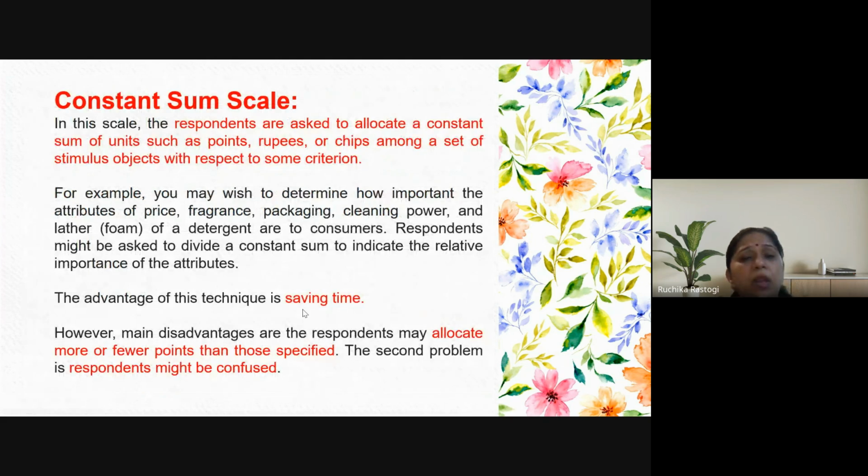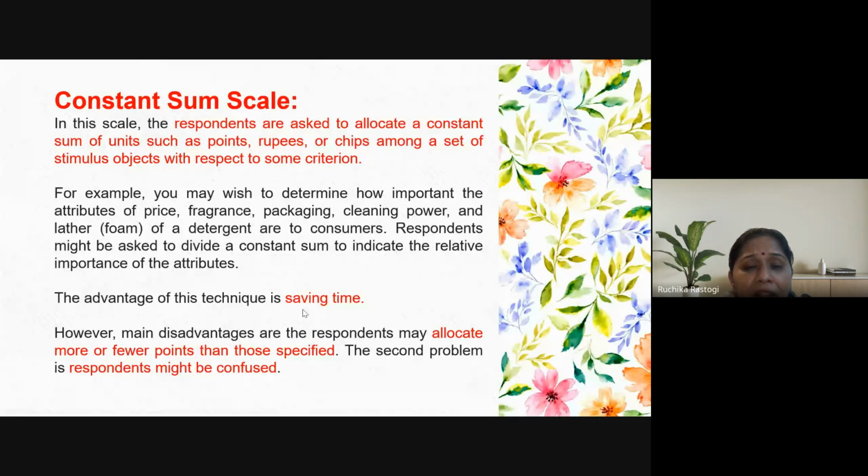Now, one more very powerful scaling method is called a constant sum scale. It's very, very powerful, but there are some limitations to this. Whenever we have, for example, a sum total of something, and I want to categorize that sum total. Like a very normal example, I want to know which quality of a particular good is most liked by the people.